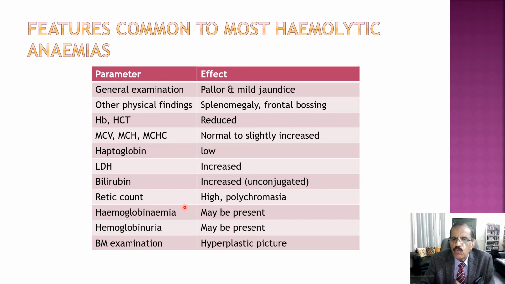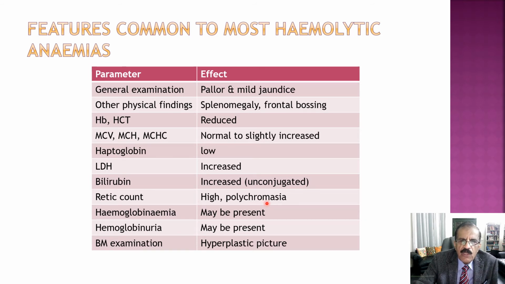Now, we have to correct the reticulocyte count to give it some meaning, and there is a way of correcting it. You actually measure the reticulocyte count in the particular person, and you correct it for the hemoglobin that the patient has.